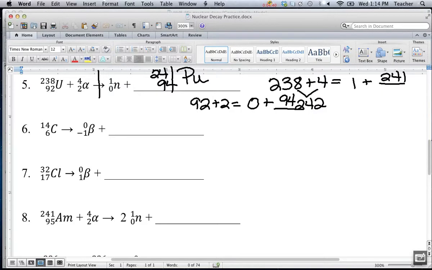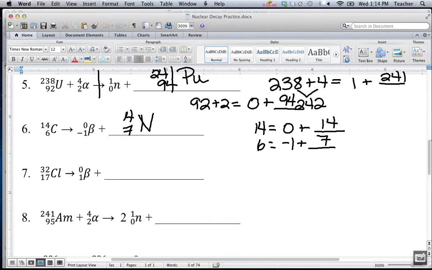For number 6, on the top I have 14 equals 0 plus, obviously that is 14. And on the bottom I have 6 equals negative 1 plus a blank, which is 7. When I look up atomic number 7 on the periodic table, it is capital letter N, which is nitrogen.